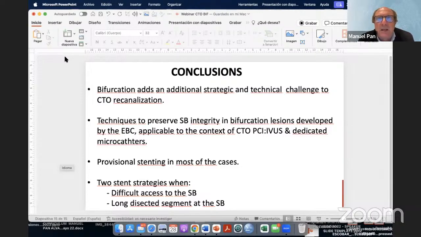So in this case, I like to start stenting the side branch first and do a T or a mini crush, and after the main vessel stent implantation, finish always with a kissing balloon.